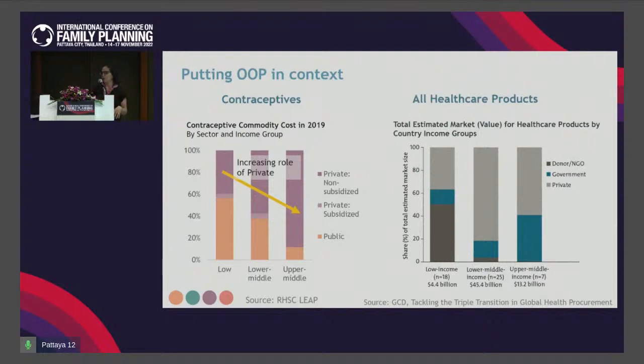And here we see this very different pattern, this sort of U shape or boomerang shape, where initially there's a lot of donor funding, right? As that donor funding transitions out, there's often a temporary shift towards more out-of-pocket, which is probably a result of some not great transitions out, right? And then the government stepping back in to fill that public sector role.